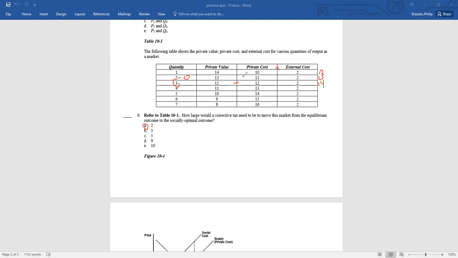Now, we know then in a negative externality, we overproduce. So the market here is 3, and the optimal is 2. So yes, we are overproducing. So that means we kind of check that out right. And that's why we would need that $2 external tax.